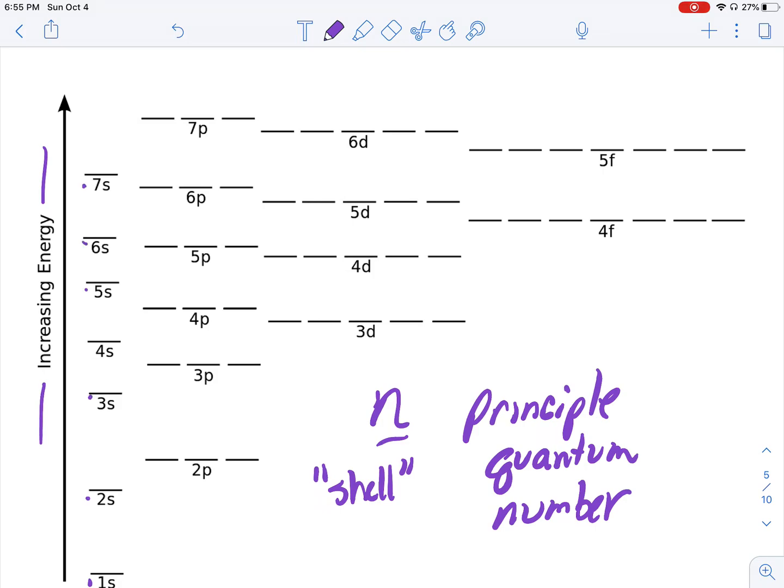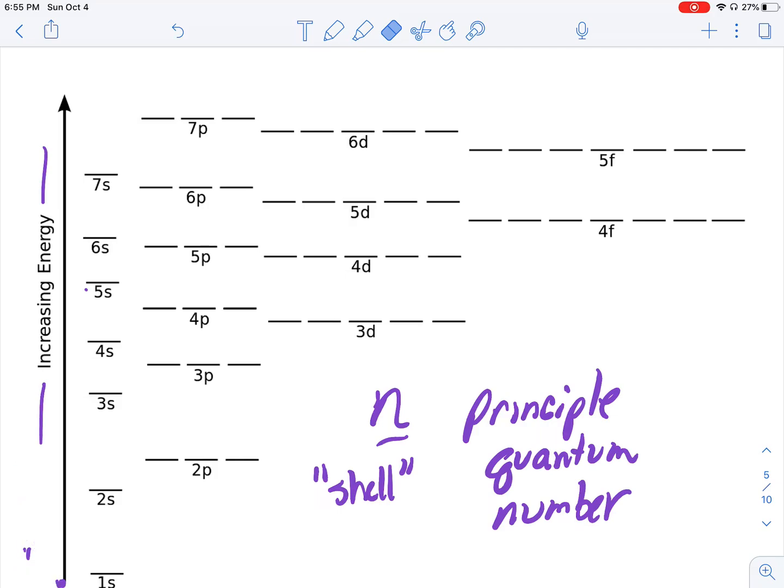And then for each principal quantum number, there's certain sublevels that can exist. And a lot of that has to do with space. Remember that the nucleus is way down here at the bottom of the diagram. So it's way down here. Hopefully that fits on the screen. And then all of these electrons are progressively further away from the nucleus as you go with increasing energy.